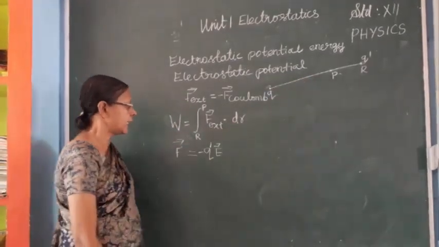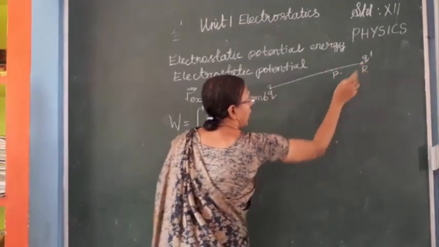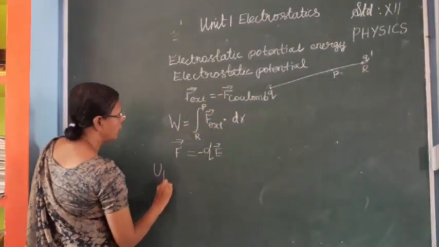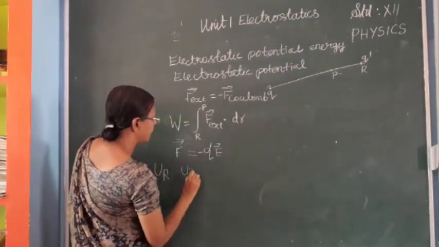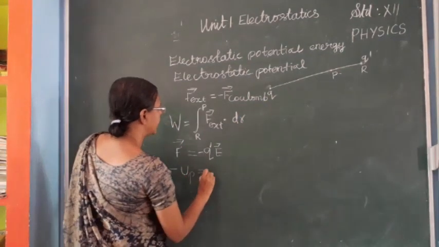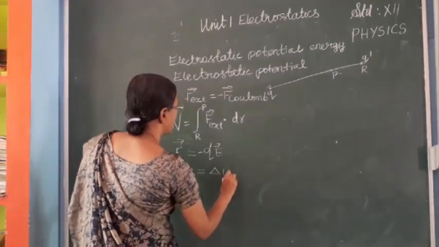This is the potential energy. At point R the potential energy is UR, and at point P the potential energy is UP. So the difference in potential energy is del U, and this is the work done.